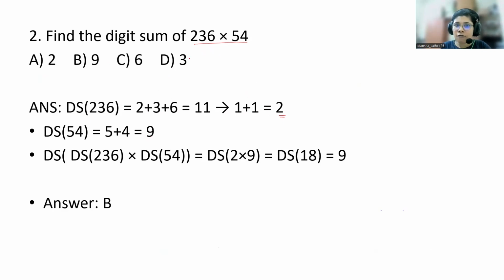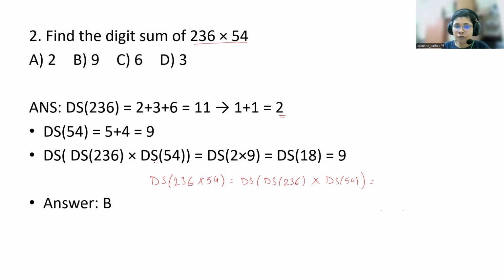Now digit sum of multiplication, we all know that digit sum of 236 into 54 is same as digit sum of 236 into digit sum of 54, right?